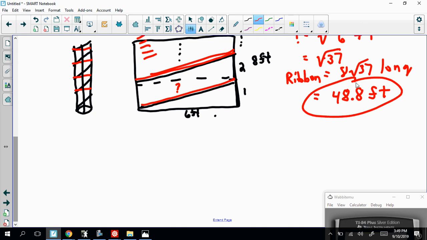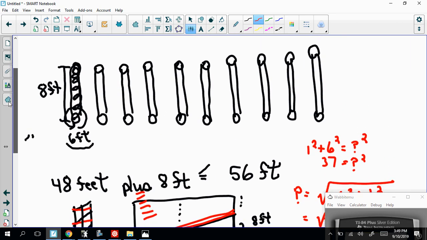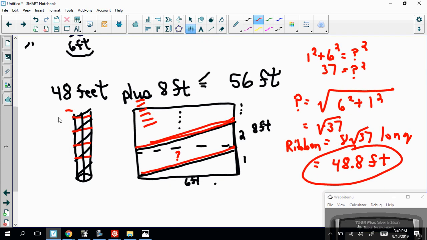So what did I do? The hint of the day is consider equivalent problems with simpler solutions. I almost would want to argue with them. I would say draw the picture, and then I saw the diagonals kind of reminded me of a trick I've used a lot in math: you just cut it and you open it up, and then I actually got a good look at the ribbon.